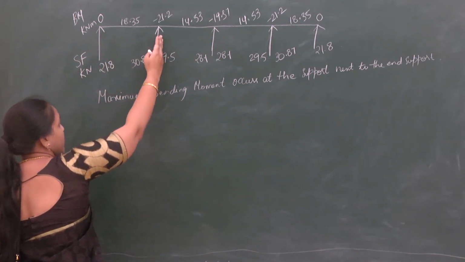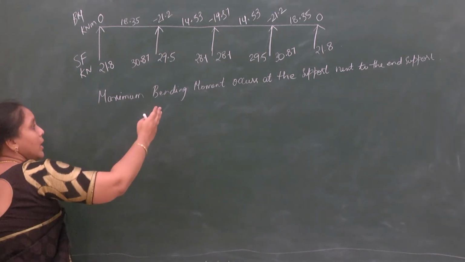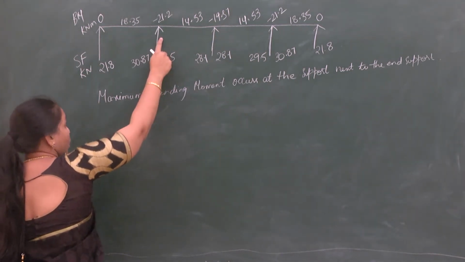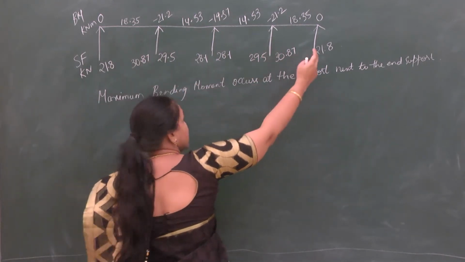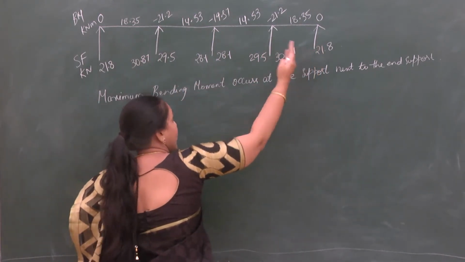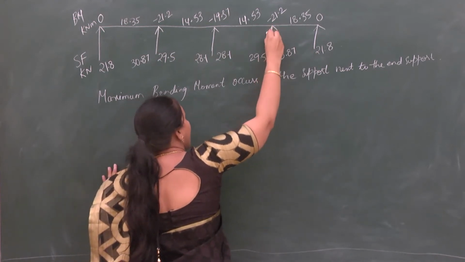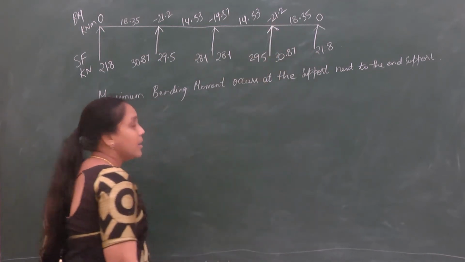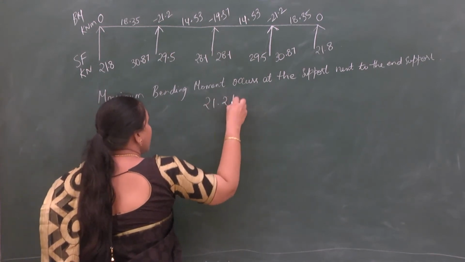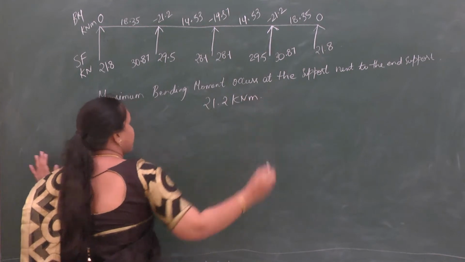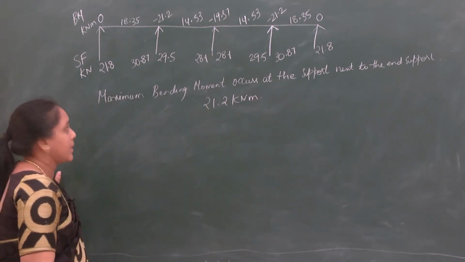Here is the maximum bending moment. It is occurring at the support which is next to the end support. In a similar way, here also, this is the end support, and next to the end support we are getting the maximum bending moment, which is 21.2 kilonewton meter, which is a negative moment.